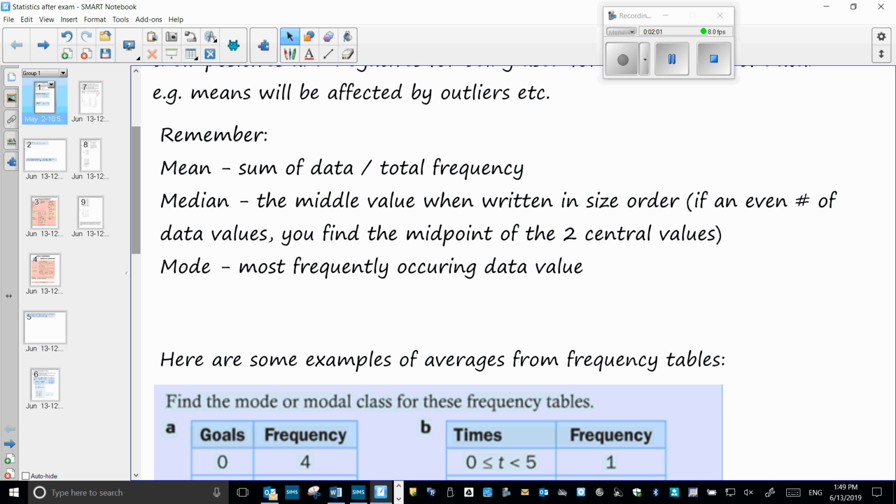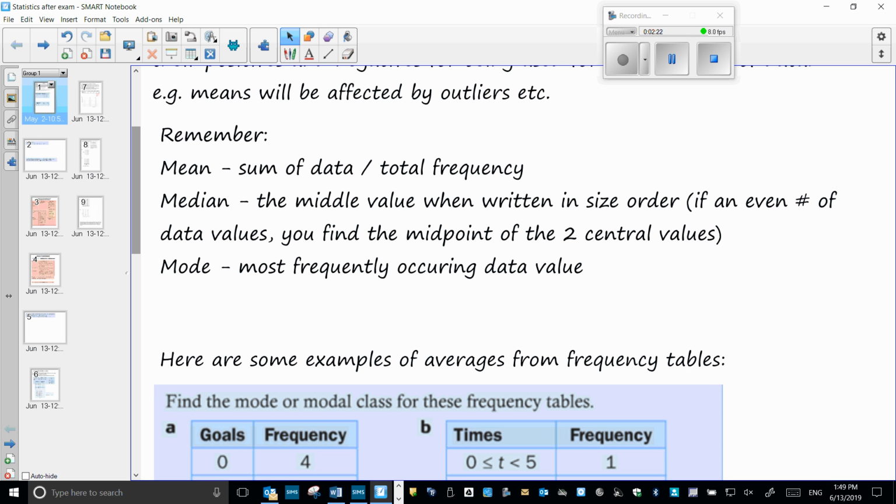The median is the middle value once they're in size order. You can't just look at data and find the one that's written in the middle unless they are in size order. If there's an even number of data values, then there is not going to be one value in the middle, there's going to be two.